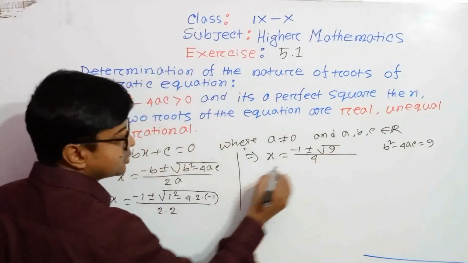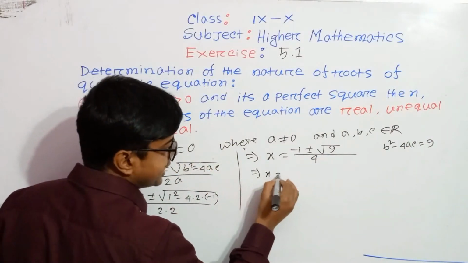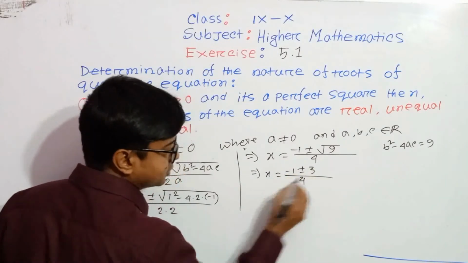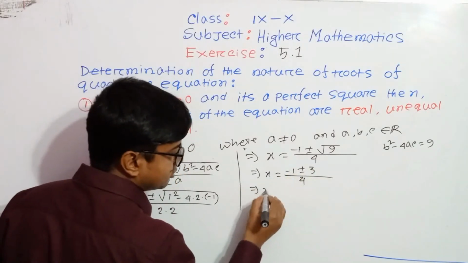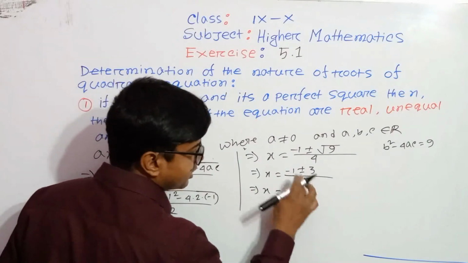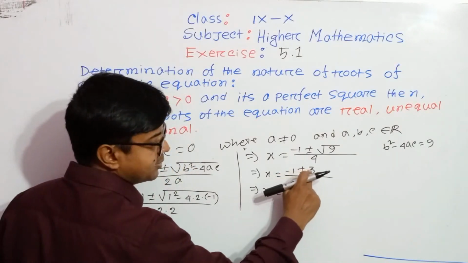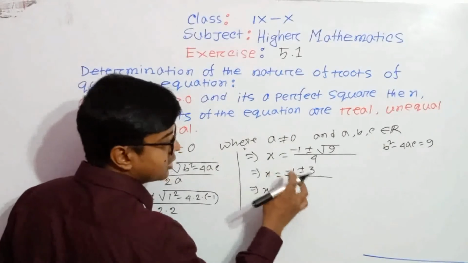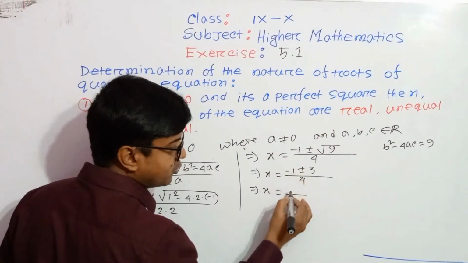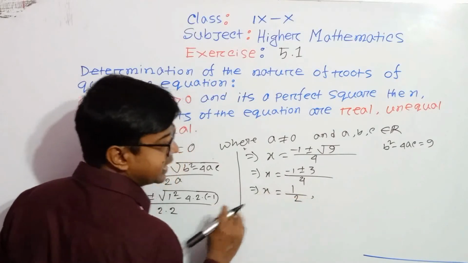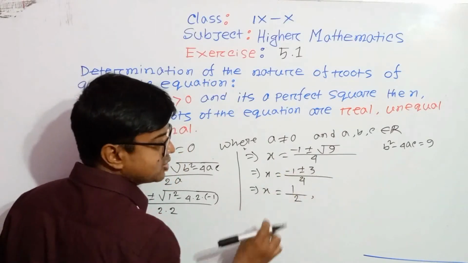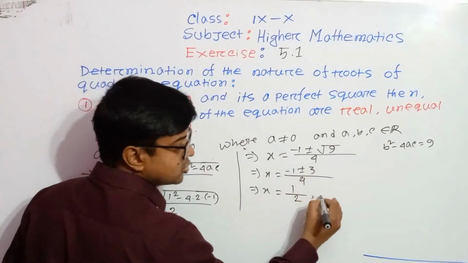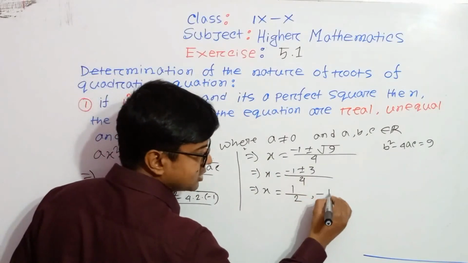So we can write x equals minus 1 plus minus 3 by 4, and after calculation, minus 1 and plus 3 will be 2 by 4, 2 by 4 means 1 by 2, and minus 1 and minus 3 will be minus 4 by 4, so we can write minus 1.